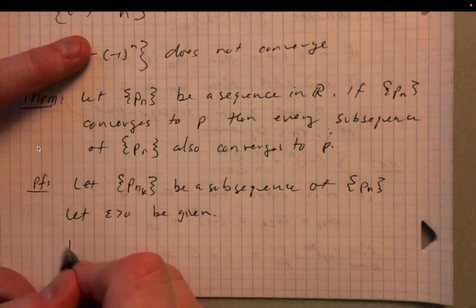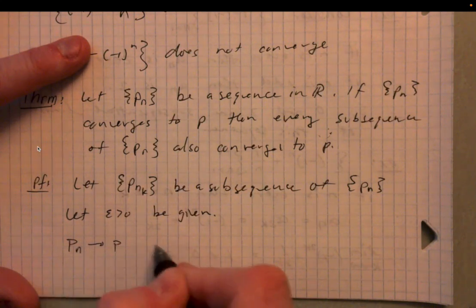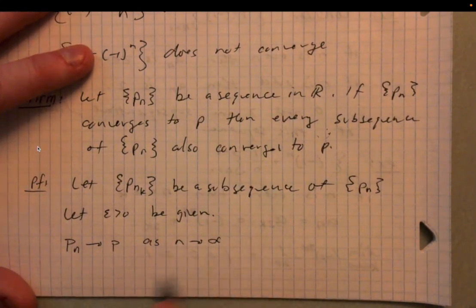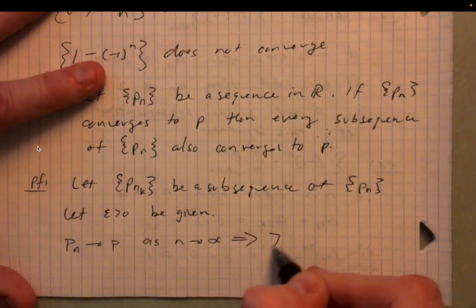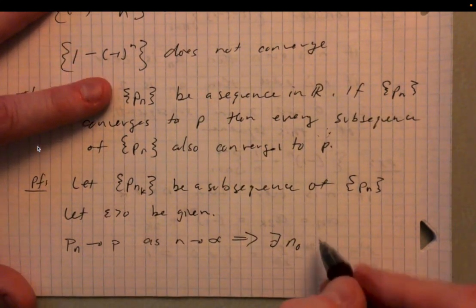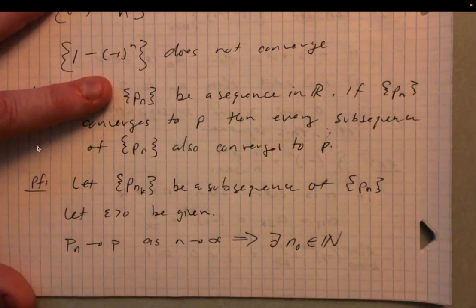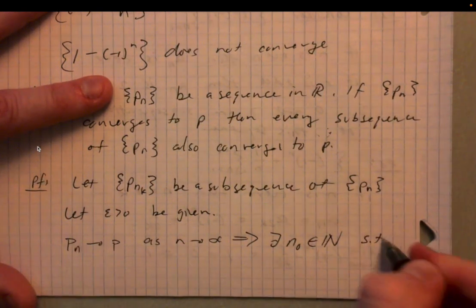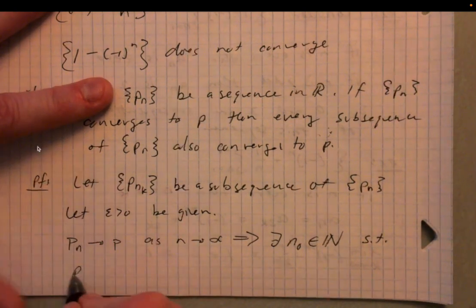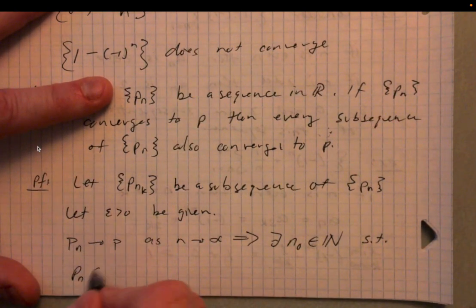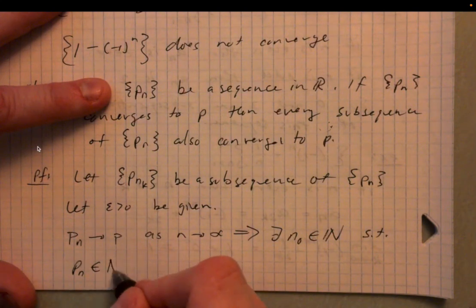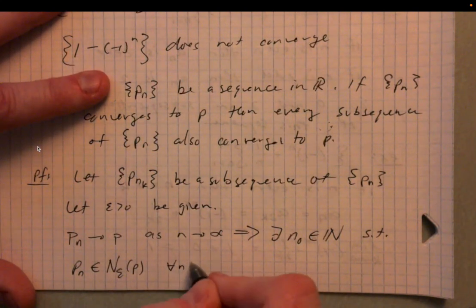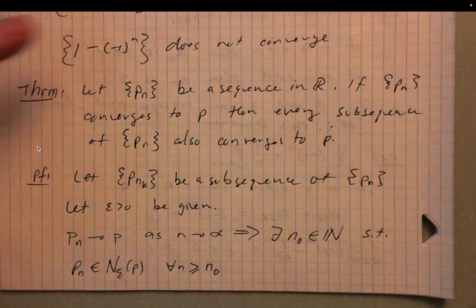Okay, so we know by assumption p sub n converges to p as n goes to infinity, and so that fact implies that there exists some natural number n naught such that p sub n is in the epsilon neighborhood of p for all n greater than or equal to n naught.